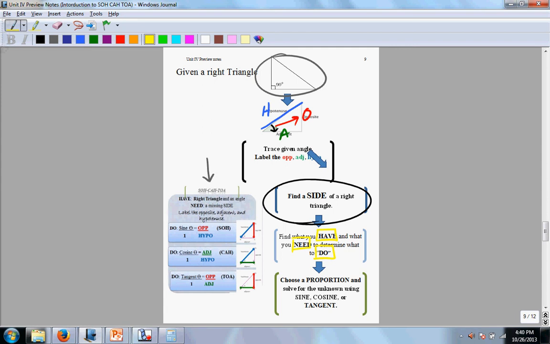Have, need, do. After you do have, need, do, you choose a proportion and solve for the unknown using sine, cosine, or tangent. Oh, there's the buzzword. You just did this. So once again, believe it or not, today's work is going to boil down yet again to another proportion, which you just completed an entire unit on.